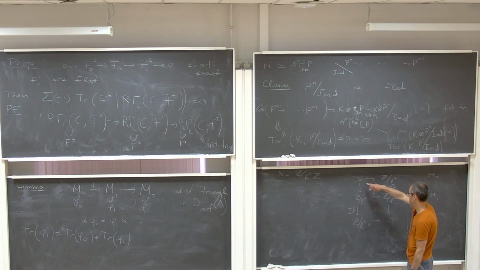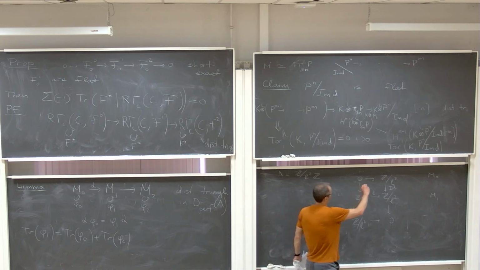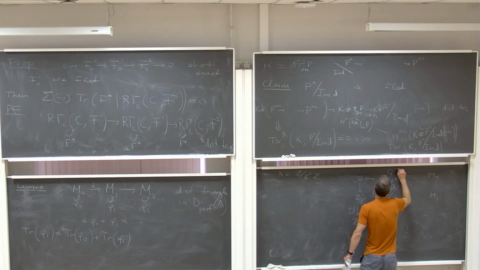Well, what do you need to check here? Is there anything to check? No, nothing. Okay, so now I need to define phi0, phi1, and phi2. Phi0, I take it to be 0.